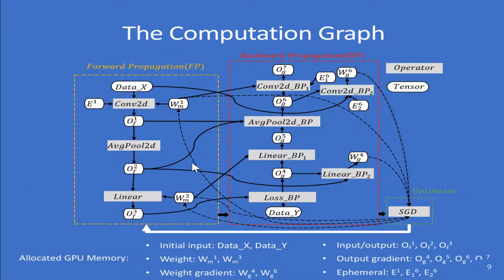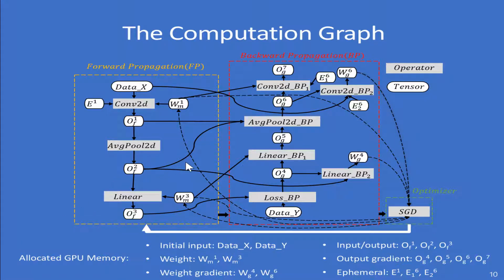PyTorch constructs a computation graph, as in the figure, and applies iterative forward and backward propagation on it to learn the optimal weights. Such a graph is augmented with some system-crafted operators for backward propagation.